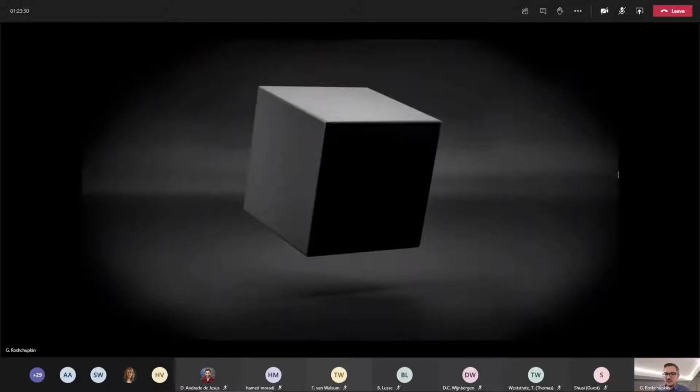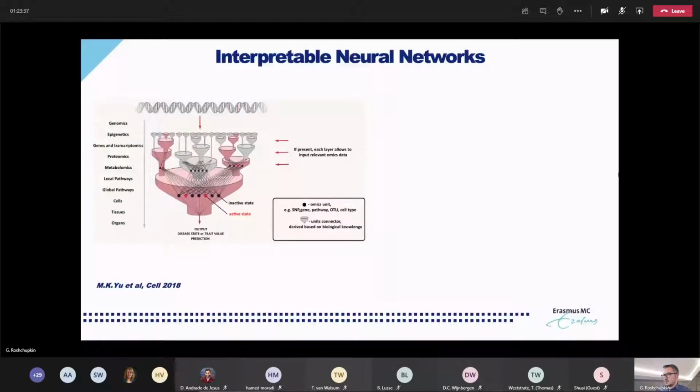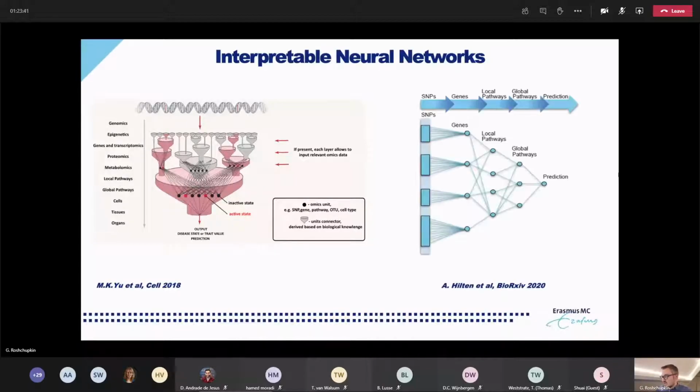There are a lot of methods for explainable AI for image analysis, but we are working on explainable AI for genetics. And Arno, one of the PhD students in the group, is heavily involved in the development of such techniques on the front line of research. That's quite a novel idea of how we can integrate biological knowledge for interpretation of deep learning in genetics.